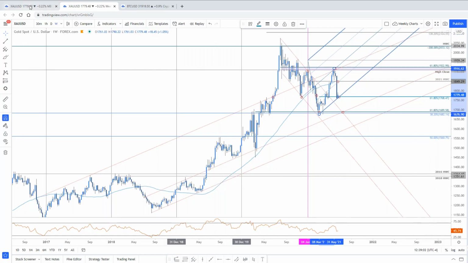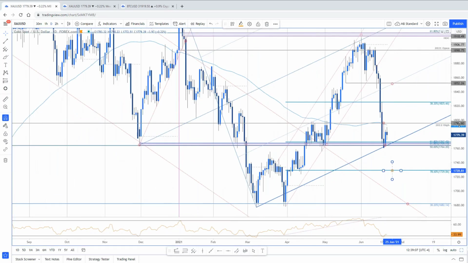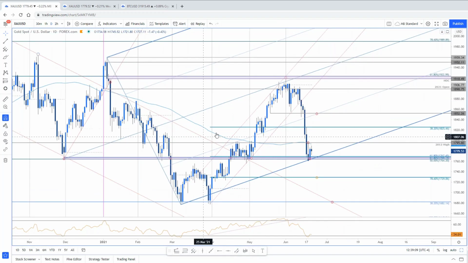What does the daily chart look like? Well, that was even cleaner. Same slope. Here is the open of the month. We peaked right into resistance. A monthly opening range took shape right below the monthly open, which was 1905. That break, clearing the monthly range lows, clearing uptrend support.